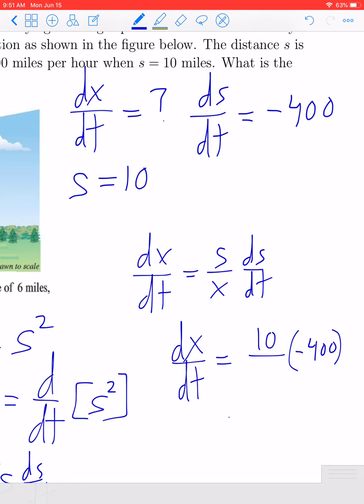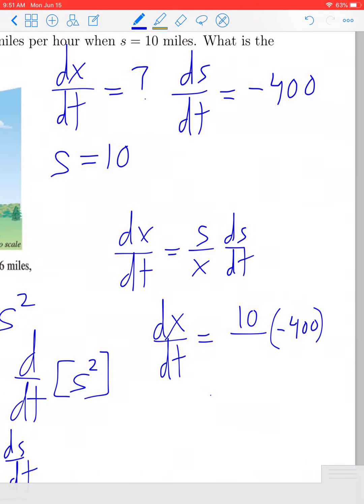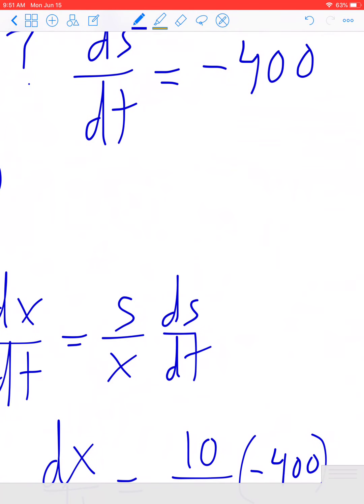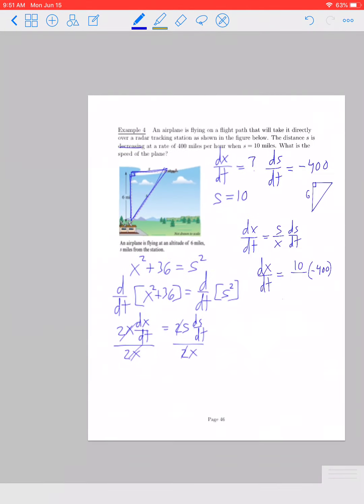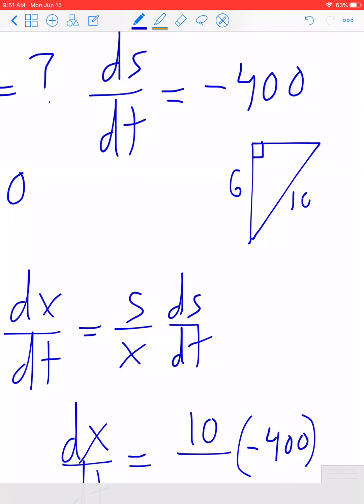But what we don't have at this moment is x. They didn't tell us what the x value was. But we should be able to go ahead and solve for this. If we look at our right triangle at that particular point in time, we know it's flying at a constant altitude of 6 miles above the ground, and we know that s is 10.